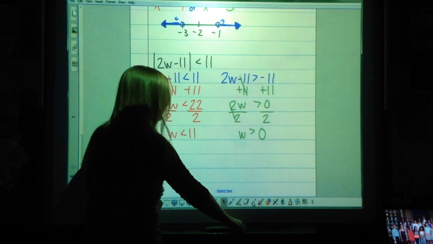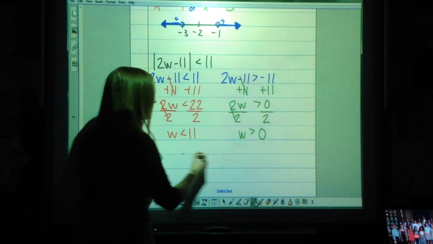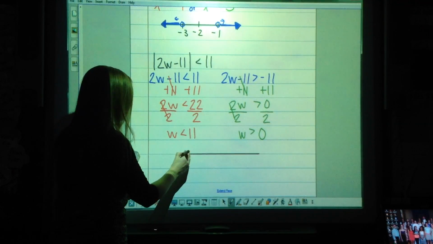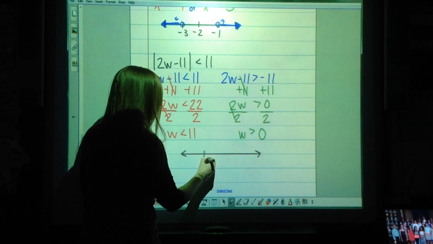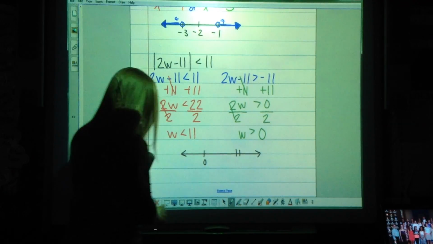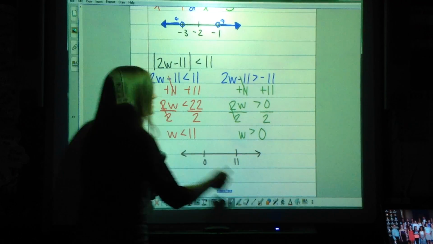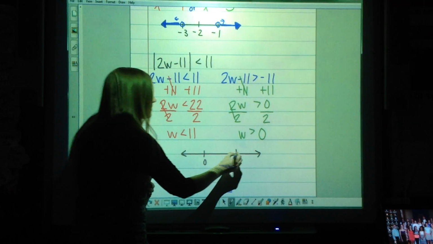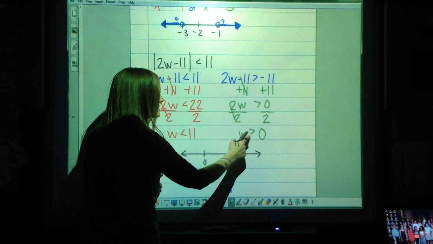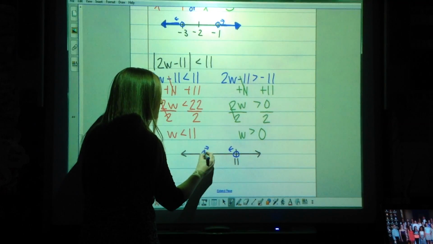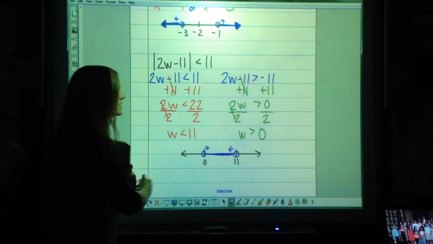Okay, again, maybe you can't tell if this is an and or an or, so you graph it. This says w is less than 11 and w is greater than 0. I see that this is shaded in between, so it's an and.